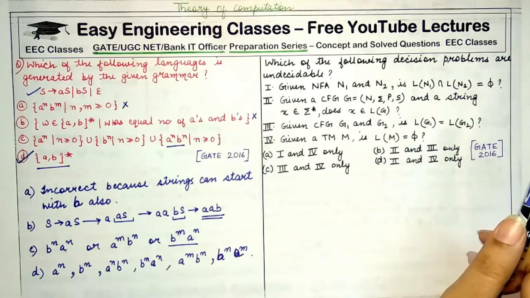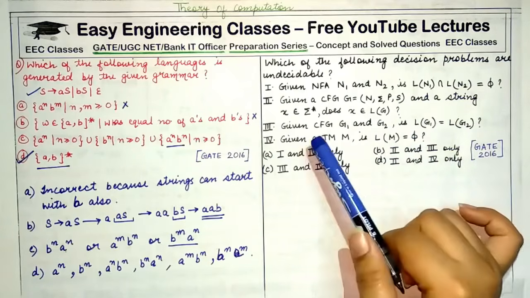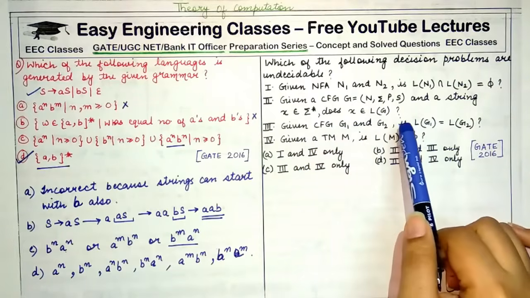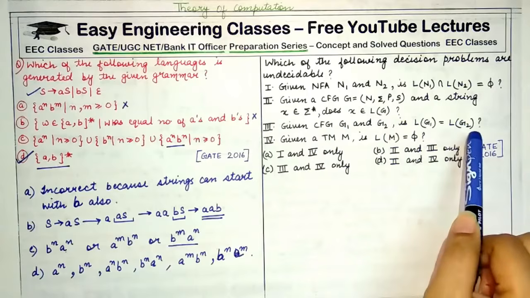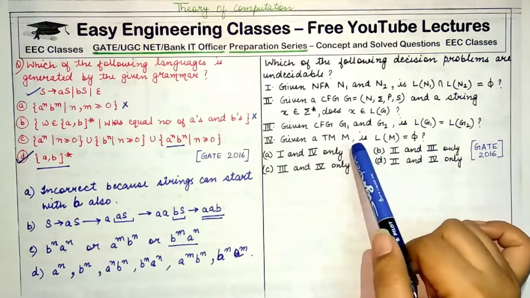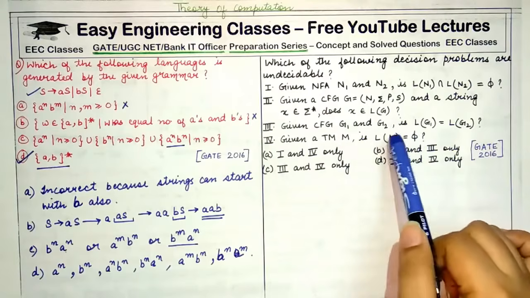So is this problem decidable or not? Okay. Now third: given CFGs G1 and G2, is the language generated by G1 equal to the language generated by G2? And given a Turing machine M, is the language generated by M phi?